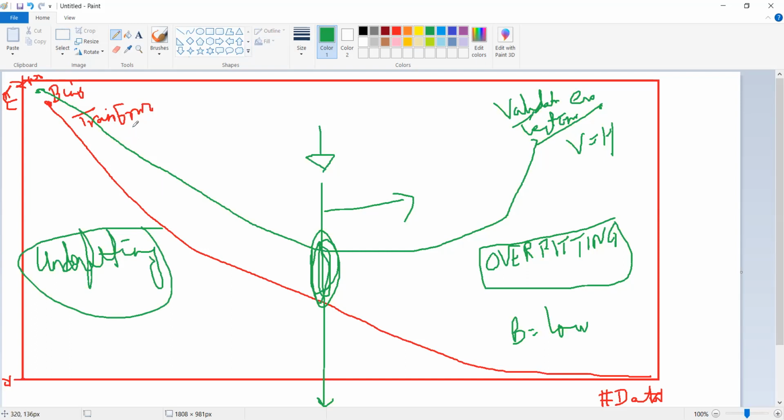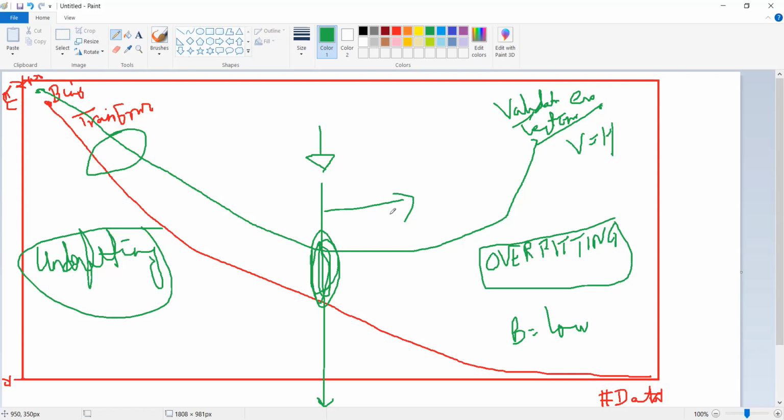How do you know? You can tell if the errors are high or accuracy is low in both cases. As you keep on adding more data, both of them will decrease. After a certain point, test will start increasing. The point where test starts increasing is where you know you are getting into the overfitting zone.